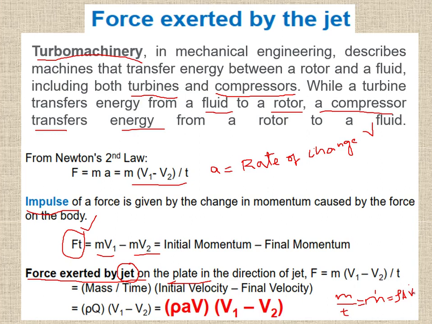Here you know that A into V is equal to the flow of the jet, so this is your Q. So what we have written here, mass over time, is equal to rho into Q, or rho A V into initial velocity minus final velocity. Exactly this we have done in this equation. When to use this equation, we are going to discuss further.